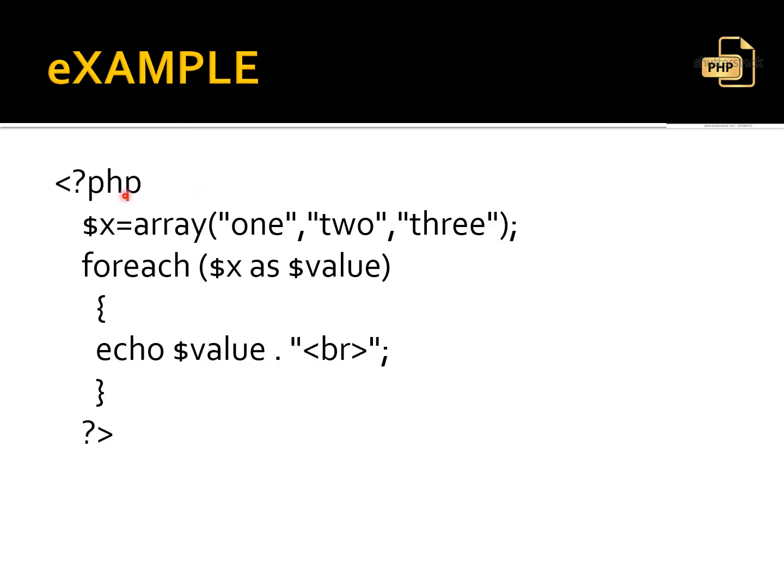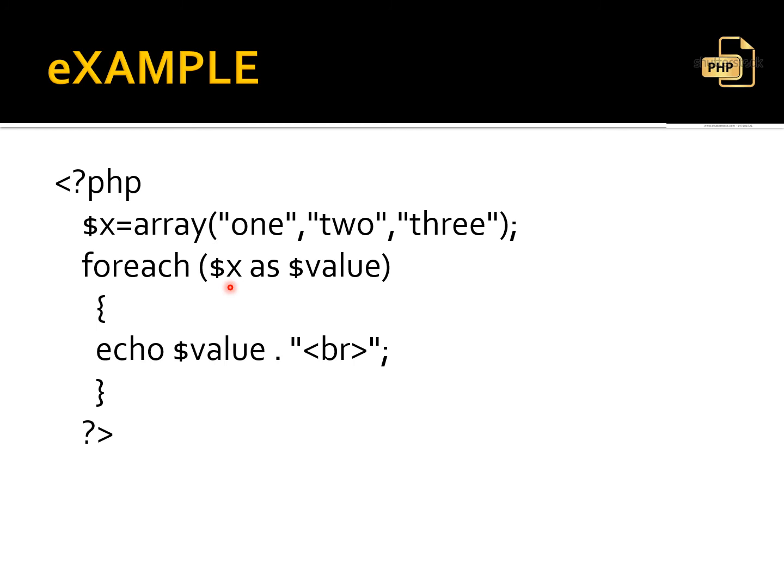Here we have an example. In PHP, $x is equal to array of 1, 2, 3. So here an array is created with values 1, 2 and 3, for each $x as $value. $x is our array name.